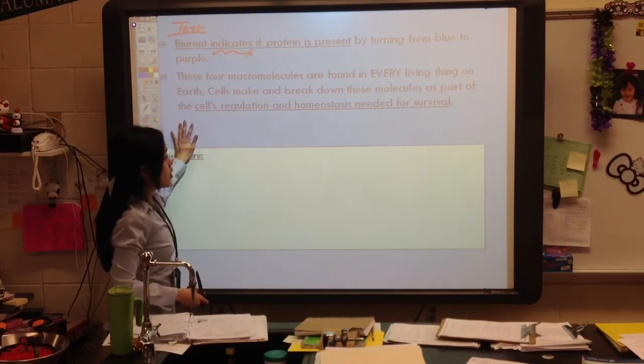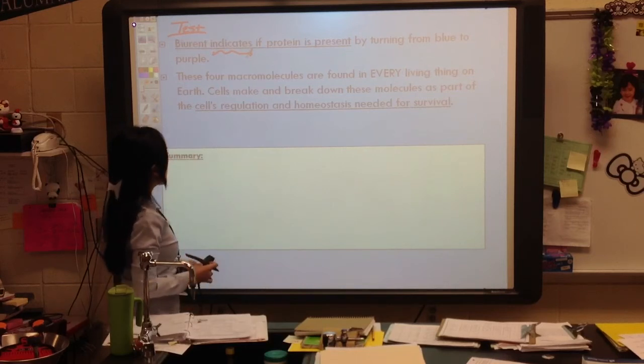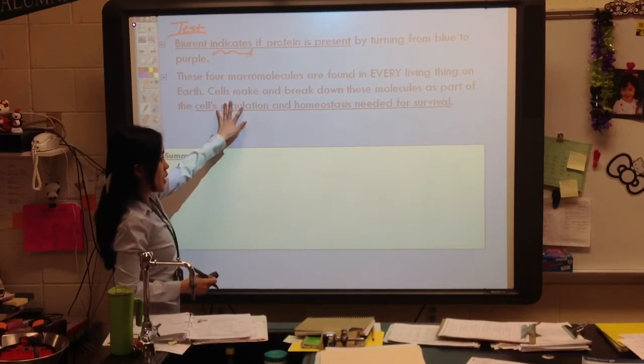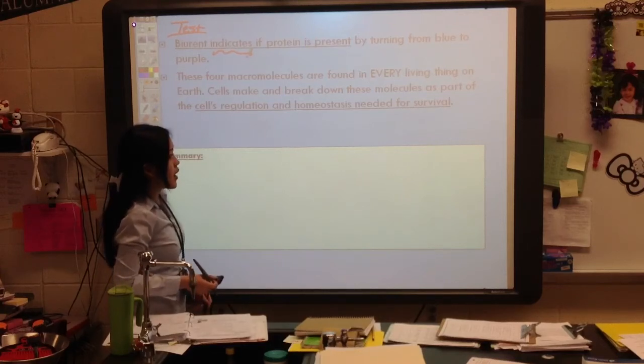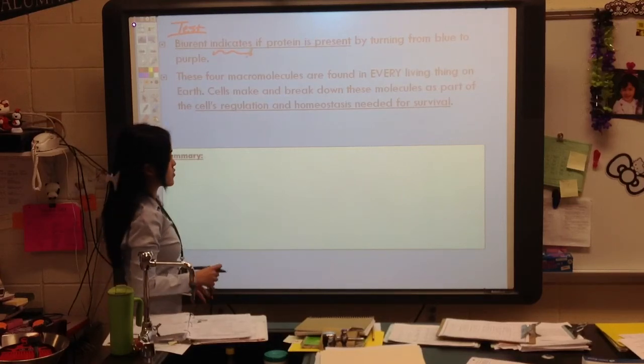These 4 macromolecules are found in every living thing on Earth. Cells make and break these down as part of the cell's regulation and homeostasis needed for survival.